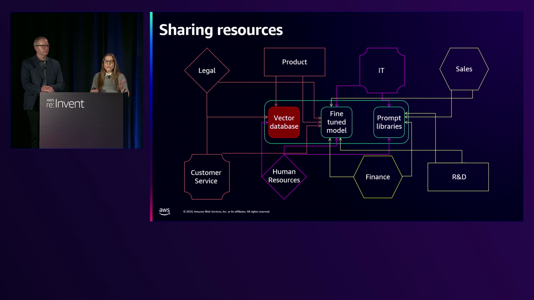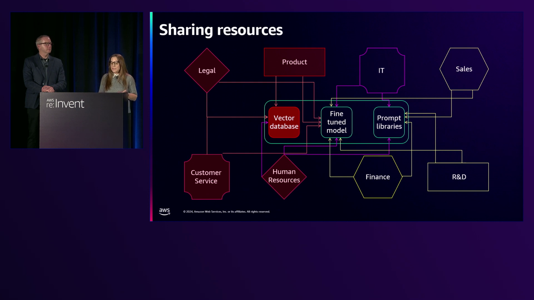But then something goes wrong with the vector database. Maybe it's a hardware failure, maybe it's a software bug, or maybe an unexpected surge in traffic that's overwhelmed the system. It doesn't really matter what caused the impairment. The point is that now you can see how quickly the impairment of this shared dependency cascades across the organization.